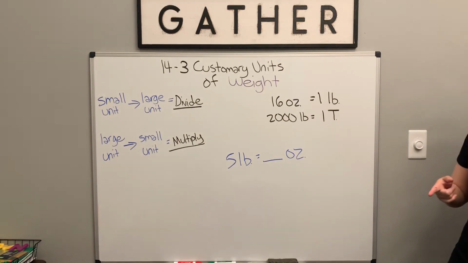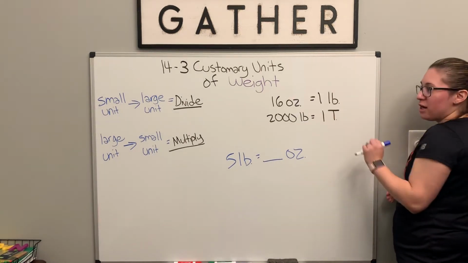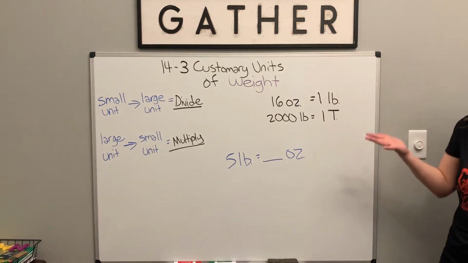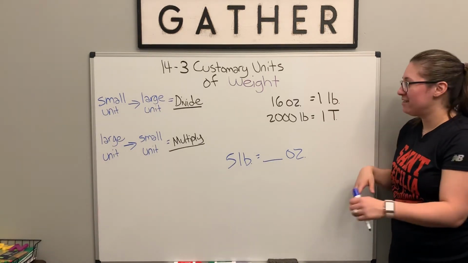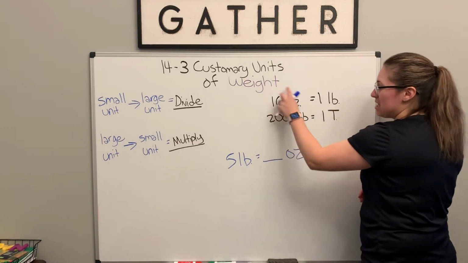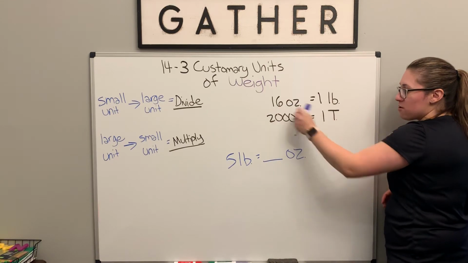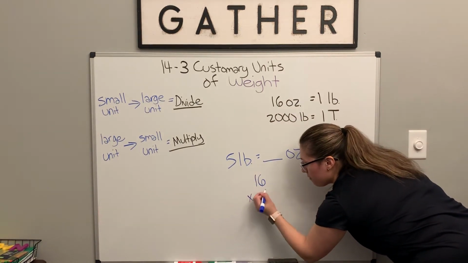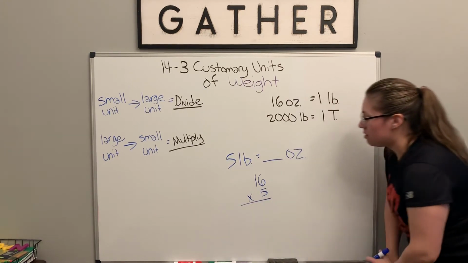So think about that. Hopefully you notice that pounds are bigger than ounces, so we're going large to small, which means we're going to multiply. What do you multiply with though? Okay, 16, because for every 1 pound there are 16 ounces. So this is the information that you need to multiply with.